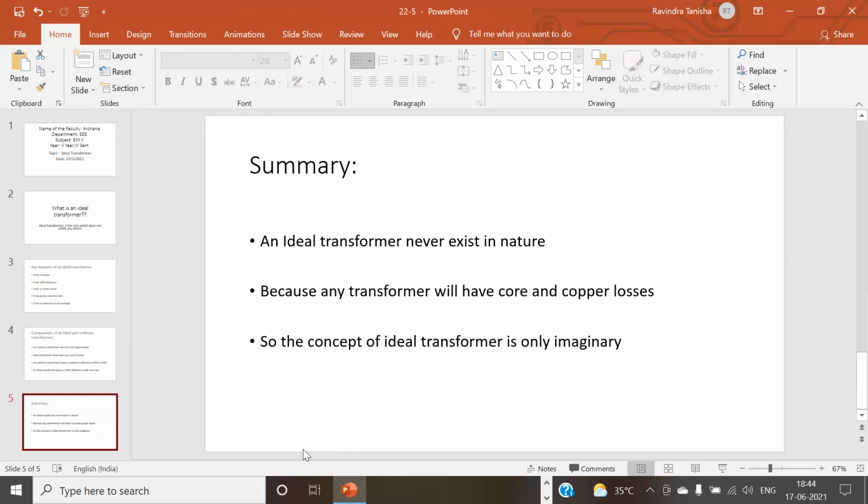Even though it does not have frictional and windage losses, the transformer still has to bear these iron and copper losses. So you can never expect a transformer to be a loss-free system. That's why this concept of ideal transformer is only a myth. You can never see an ideal transformer in practice. That's it about the concept of ideal transformer. Thank you.